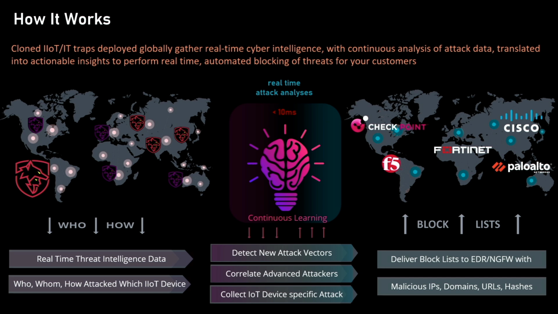Anyone who comes to that trap, which is isolated on the network and not easy to find, is an attacker, and for our clients that use our threat feeds, they are automatically blocked.